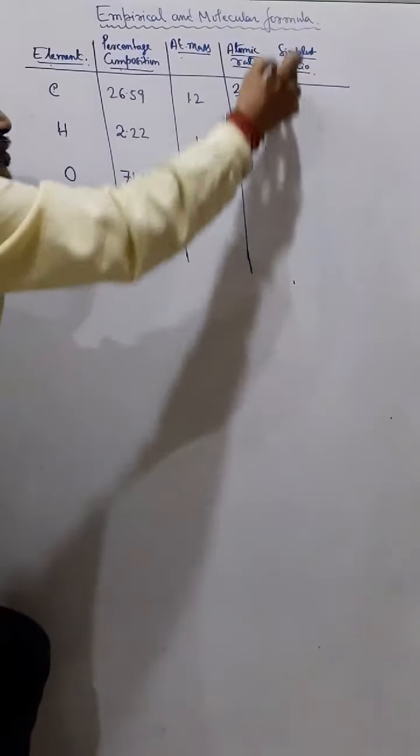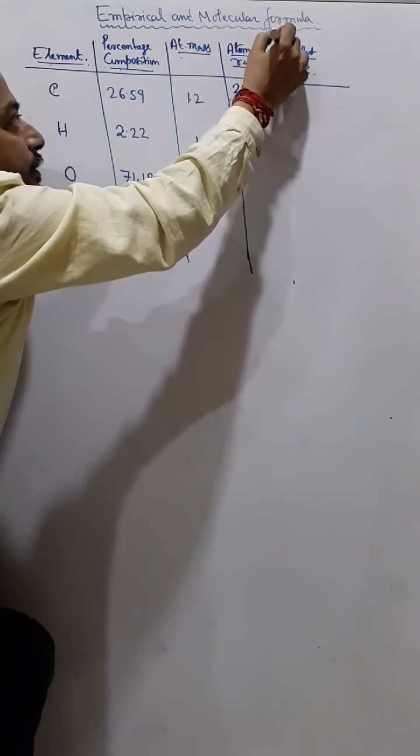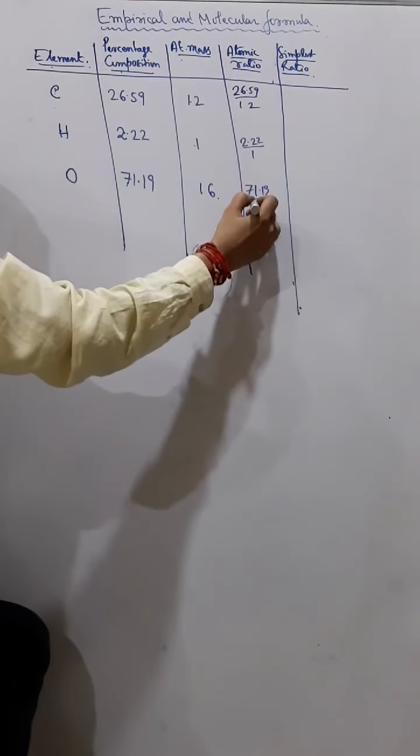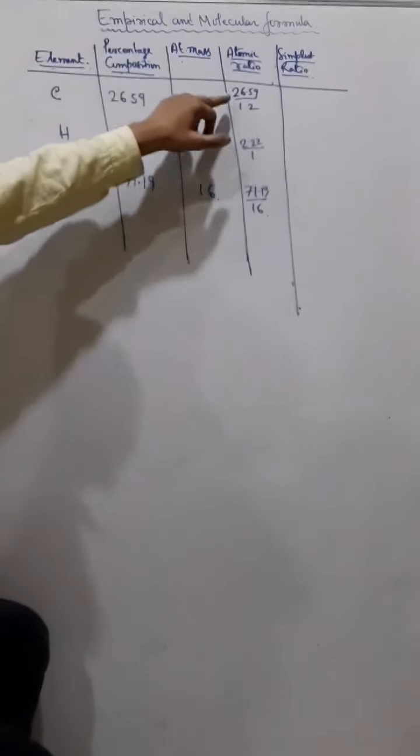So that means I will do 26.59 by 12, then 2.22 by 1, and here 71.19 by 16. So we'll calculate these divisions first.